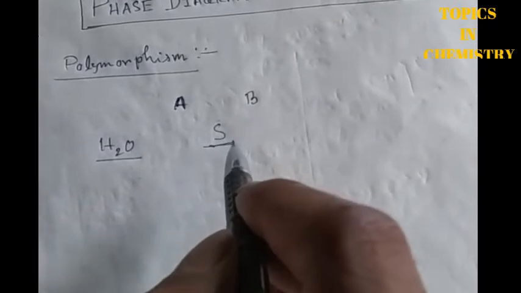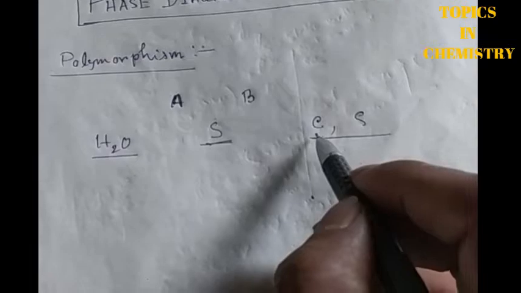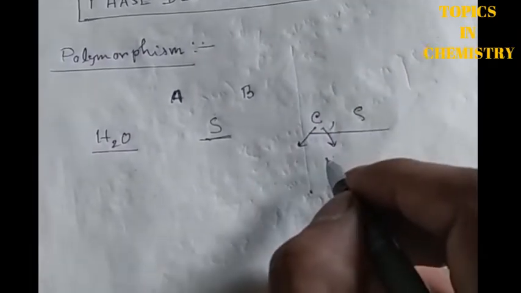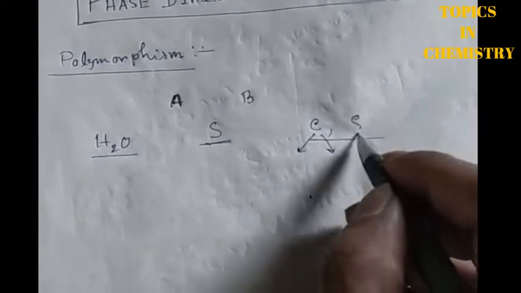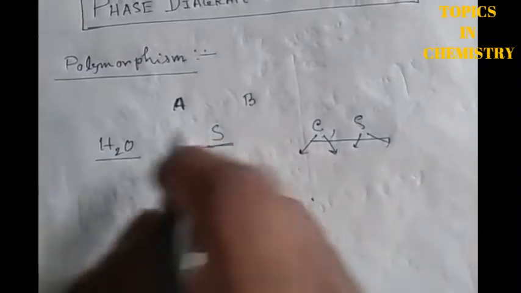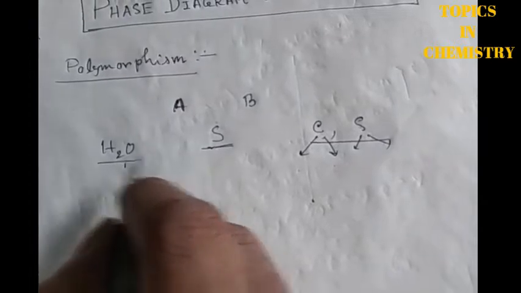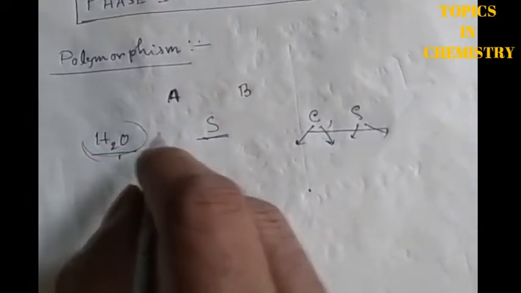Allotropy occurs only for elements, such as carbon and sulfur. Diamond and graphite are allotropes of carbon. Similarly, monoclinic sulfur and rhombic sulfur are allotropes of sulfur. But polymorphism occurs for elements and also for compounds.